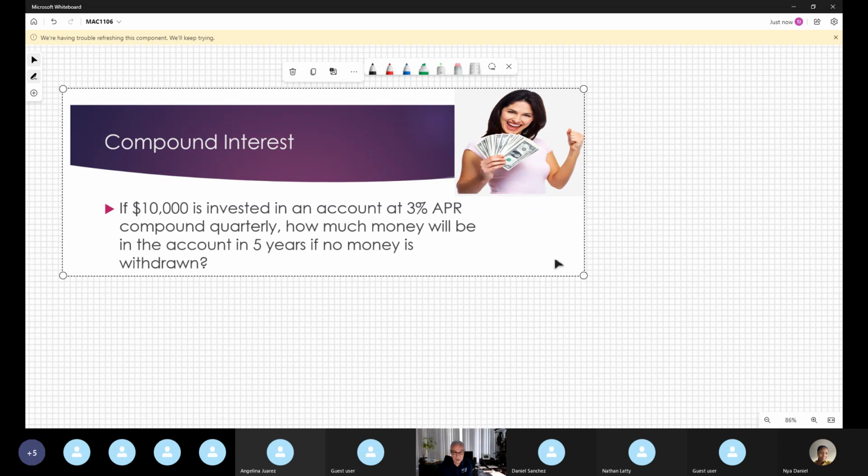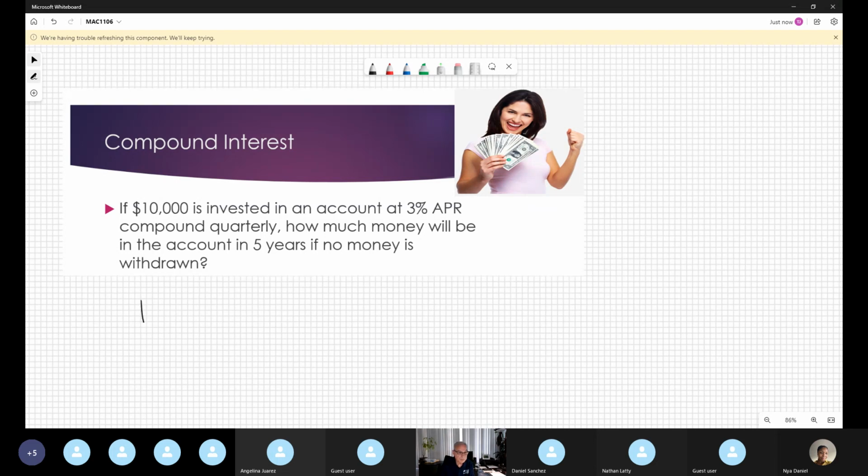So I need help. Who is P? Present value. 10,000. Absolutely perfect. Who is interest rate? R. 3%. But important: you never use it in the formula in percentage. You use it in decimal.